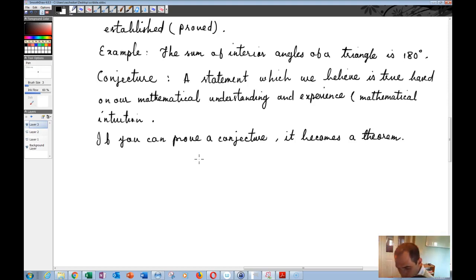Based on those patterns, you make some intelligent guesses, and that is a conjecture.